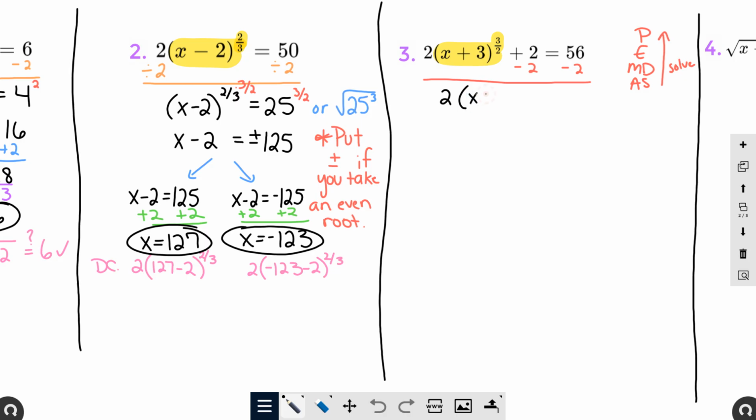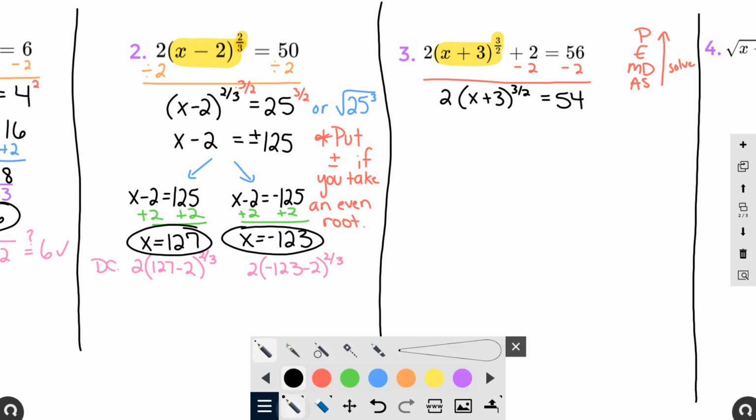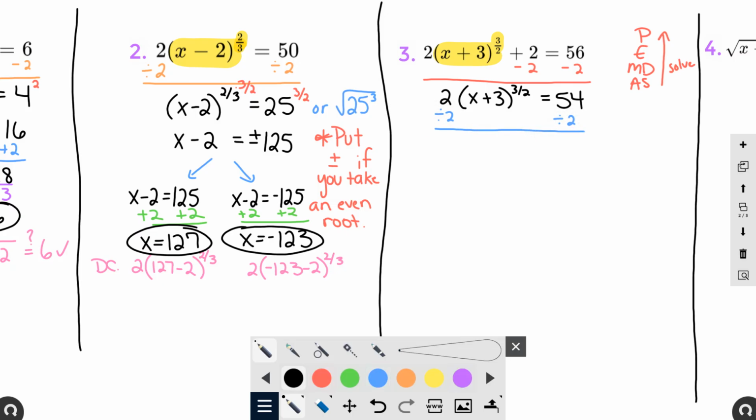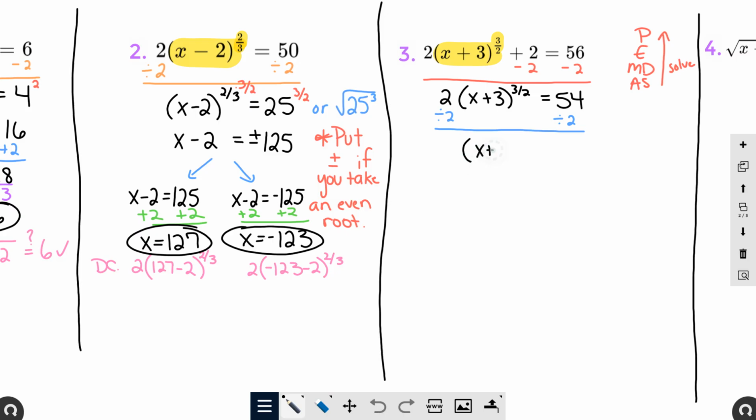So we have 2, x plus 3 to the 3/2 equals 54. Then we divide by 2. So x plus 3 to the 3/2 power equals 27.